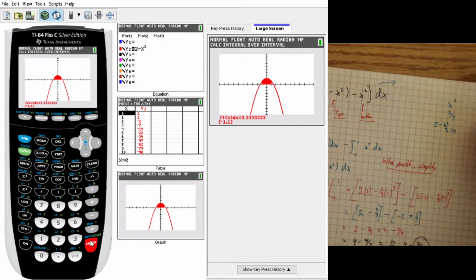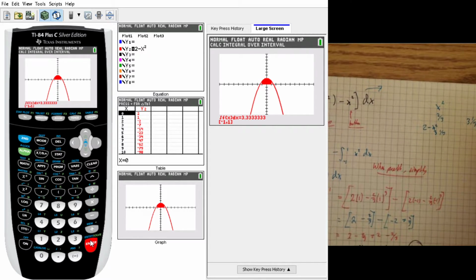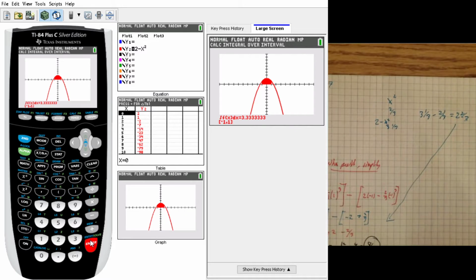And if you subtract those two, so it's 3 1/3 minus 2/3, you'd end up with 2 2/3, which is the exact same answer we got over here. And so this should represent the area, which is pretty neat by itself.